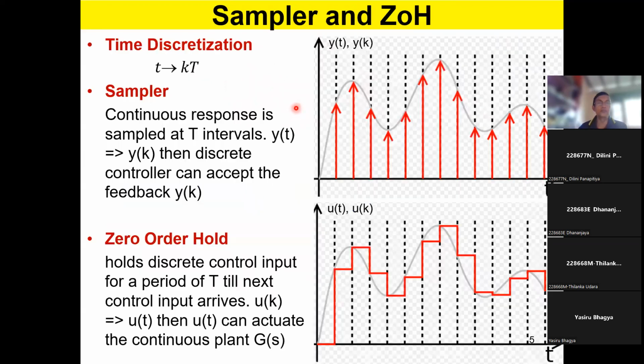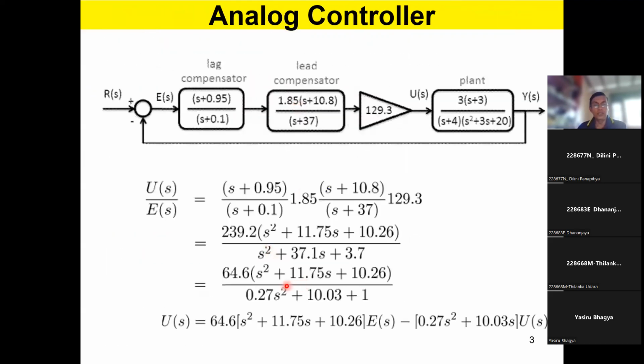So if you go back to the controller here, U(s) over E(s) is the controller transfer function. And on the right hand side, it's a rational polynomial of s. You see s square, s and a constant term in the numerator, and in the denominator s square and the constant term, right? So I think there should be an s over here. Sorry about that, okay?